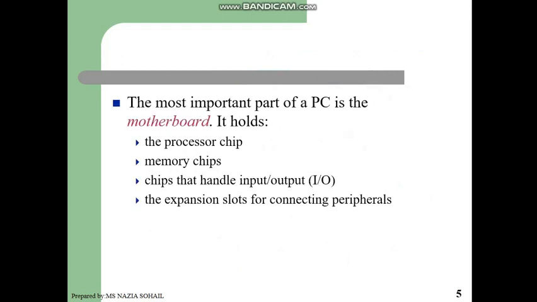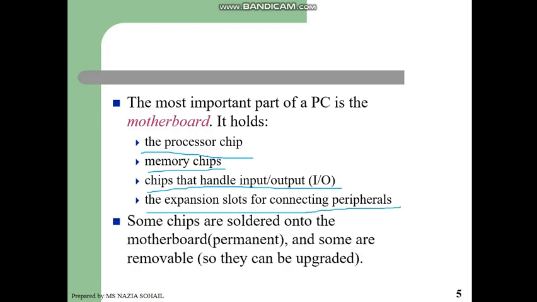The most important part of the PC is the motherboard. It holds the processor chip, memory chips that handle input and output, and expansion slots for connecting peripherals. What are peripheral devices? All devices that we can easily attach to the system are peripheral devices.